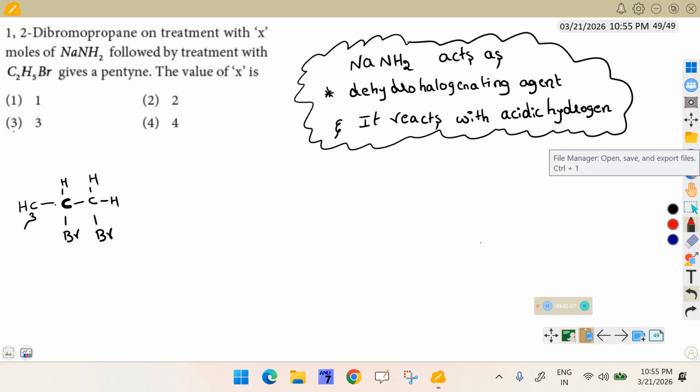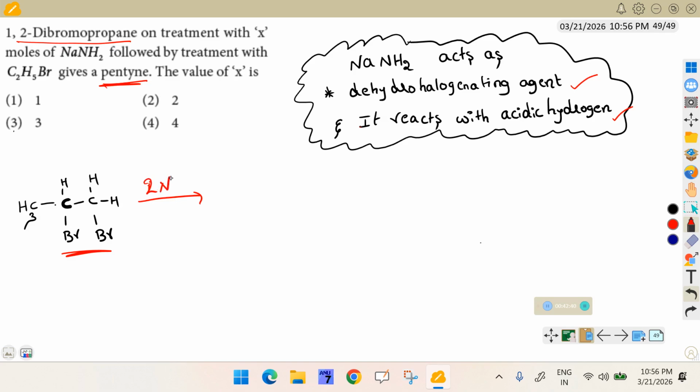Dibromopropane on treatment with X moles of NaNH2 followed by treatment with C2H5Br gives pentyne. This is the reactant and this is the product. What is the value of X? First of all, NaNH2 acts as a dehydrohalogenating agent, and NaNH2 easily reacts with acidic hydrogen. Here two bromine atoms are present, so first of all you use 2 moles of NaNH2.